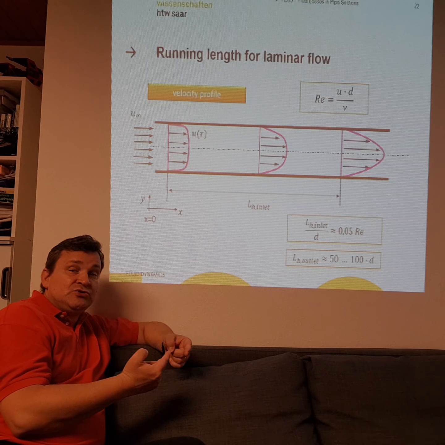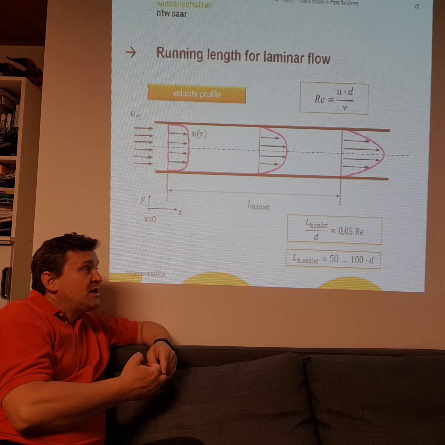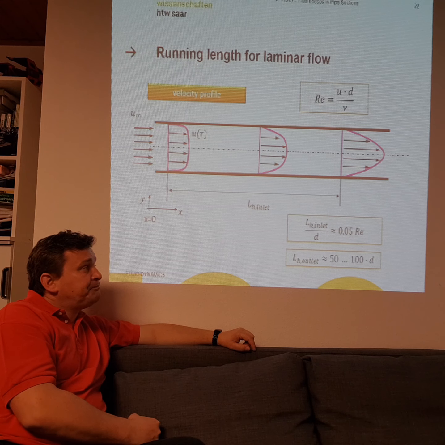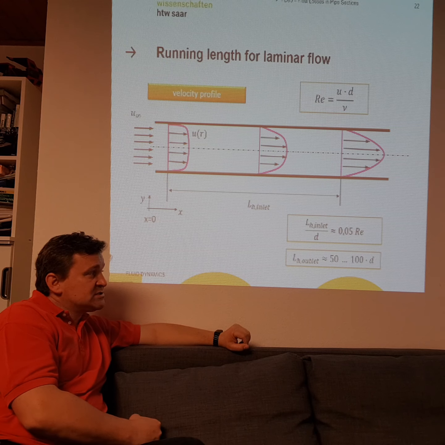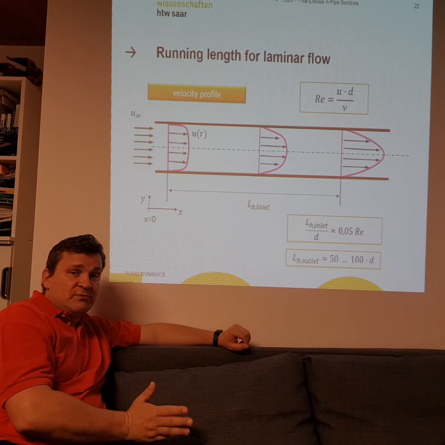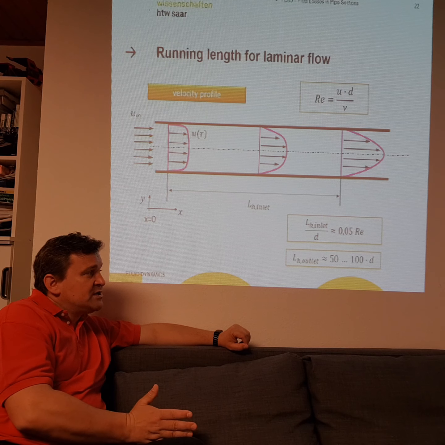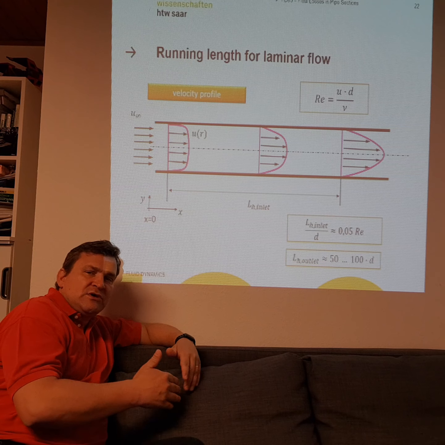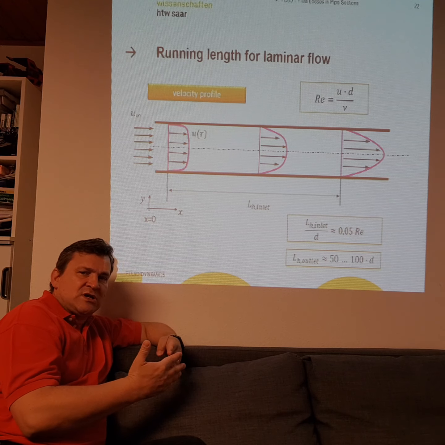Then you have to produce more turbulence, and you have to know for every fluid how high this characteristic length is. It's always about 0.05 of the Reynolds number, and then for every fluid you have to disturb it from time to time again.